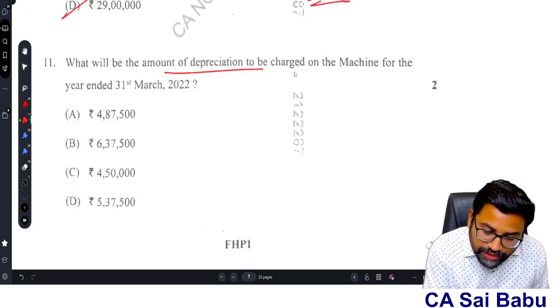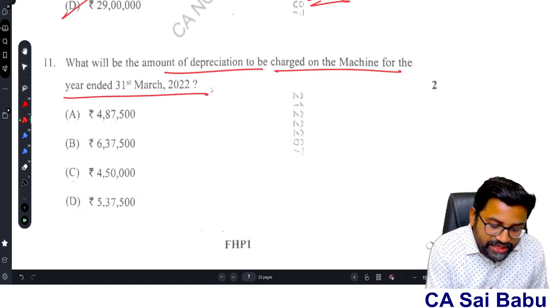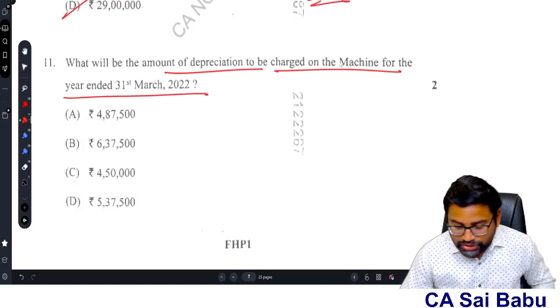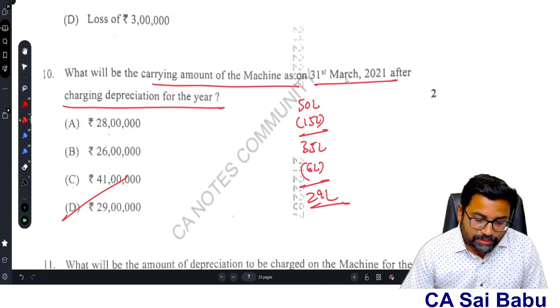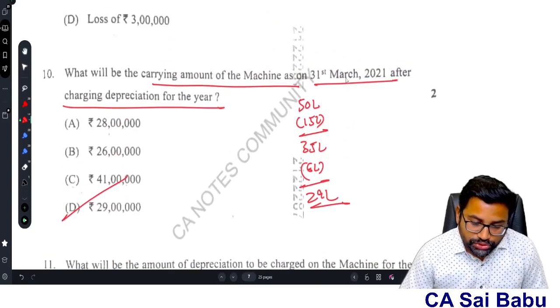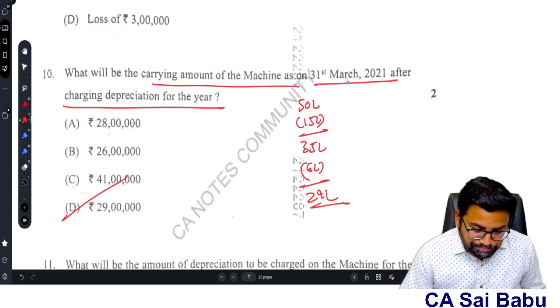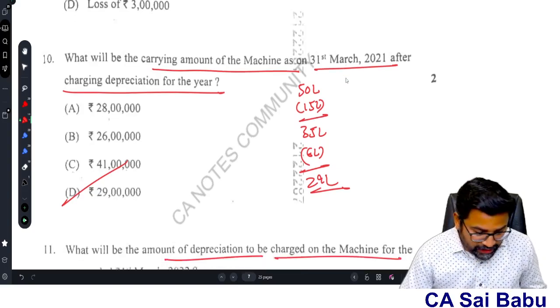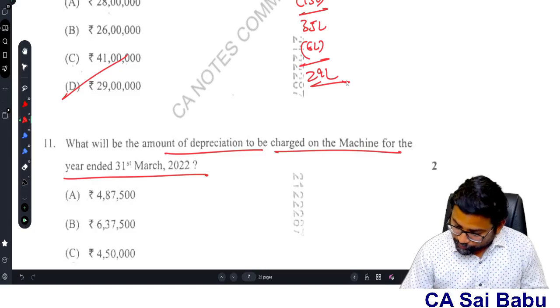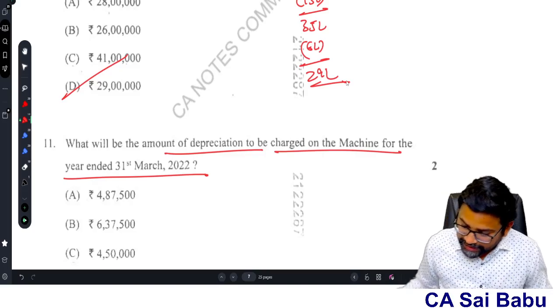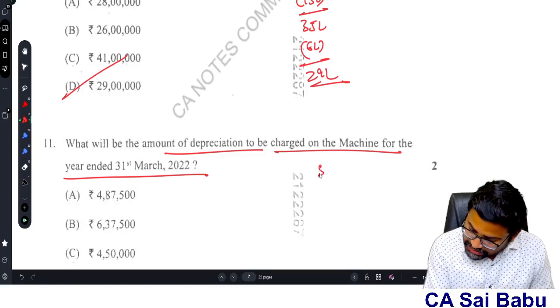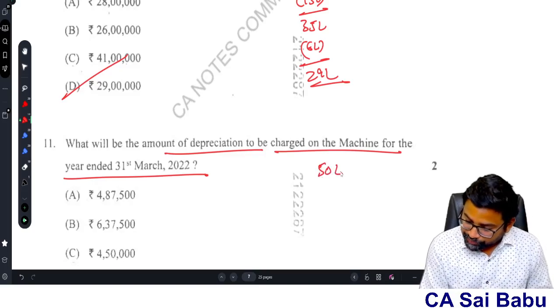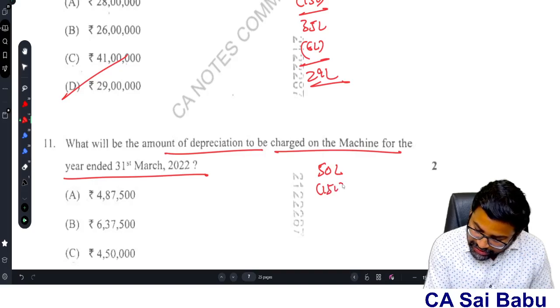What will be the amount of depreciation to be charged on the machinery for the year ended 31st March 2022? So for 31st March 2022, what will be the depreciation you are going to provide? 4.875, sir. Because see, 50 lakhs is the value of the machinery. 15 government grant we received.